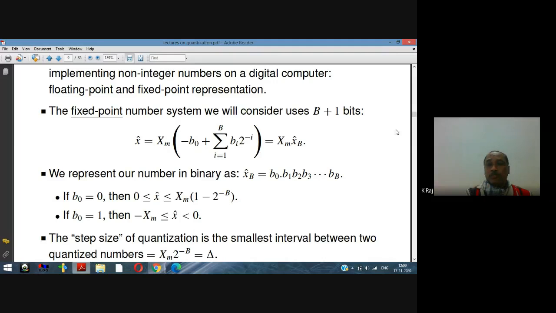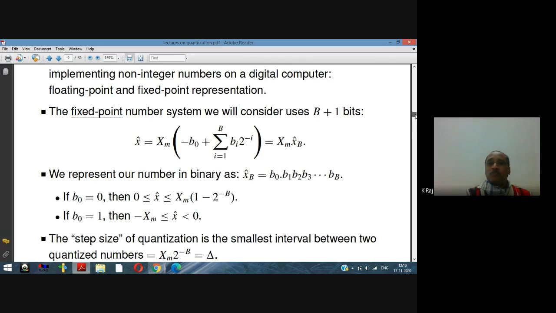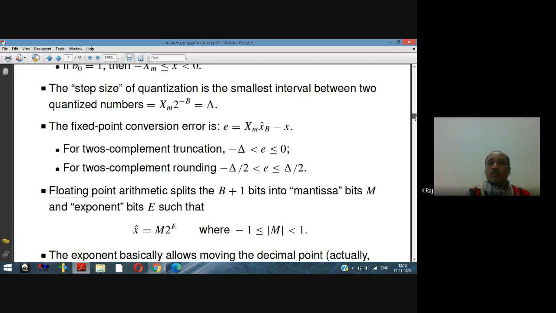Now, what is the step size? Whatever is the total value will be divided by 2 to the power b. That is, the step size will become x_m times 2 to the power minus b, and this will be represented as delta. We have gone through this concept in PCM, pulse code modulation.